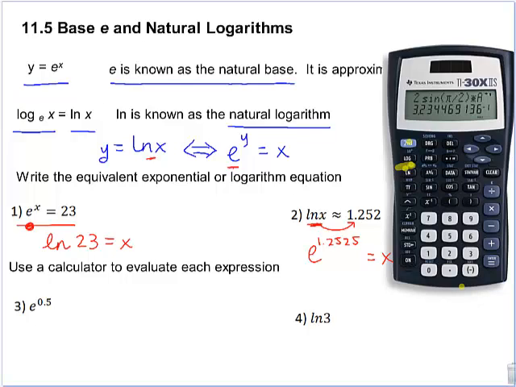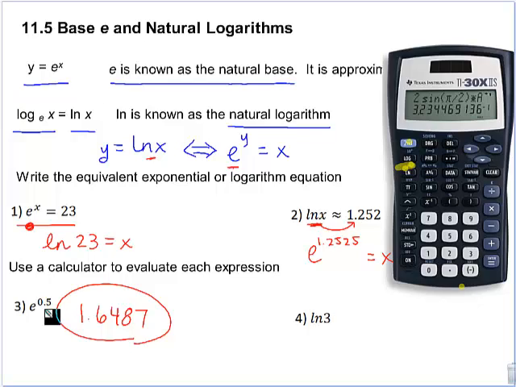When you do that, you should end up getting 1.6487, and we're always going to go to 4 decimal places. If you have the smaller black calculators, you have to work in reverse order. So you would put your 0.5 in first, and then hit your e to the x button, your second ln button.